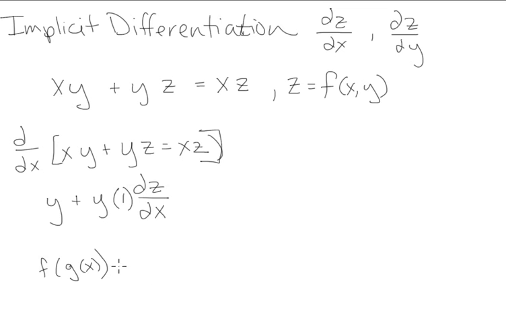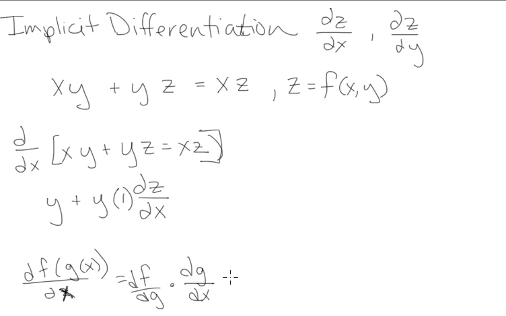When you take the derivative of a function that is a function of something else with respect to x, you're going to take the derivative of the outside function, df dg, evaluated at g, times the derivative dg dx.